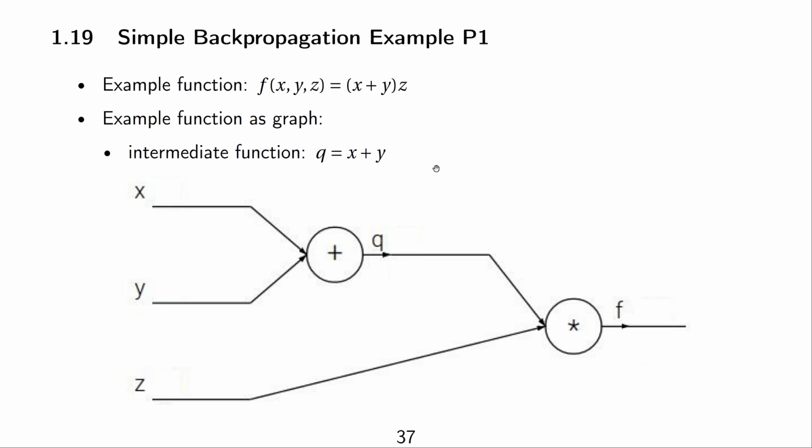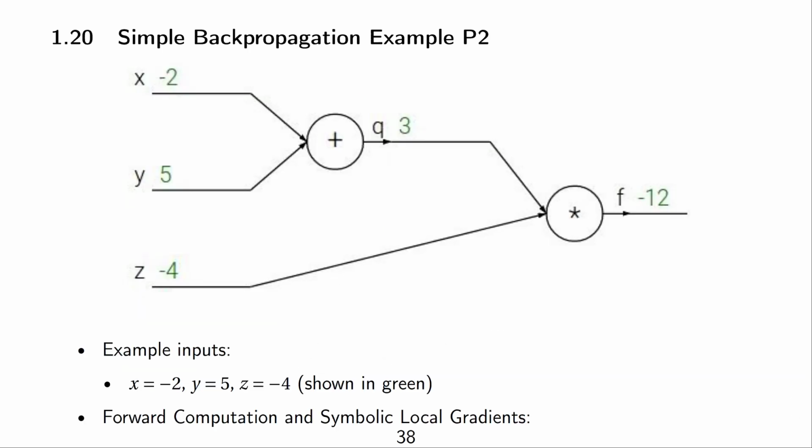So we break this down into individual nodes. We have 3 inputs, x, y, and z. The first 2 inputs, x and y, get combined by this plus node here with intermediate output q, and q gets computed by x plus y. Then q gets combined with z with this computational node that computes the final output f, and f is z times q.